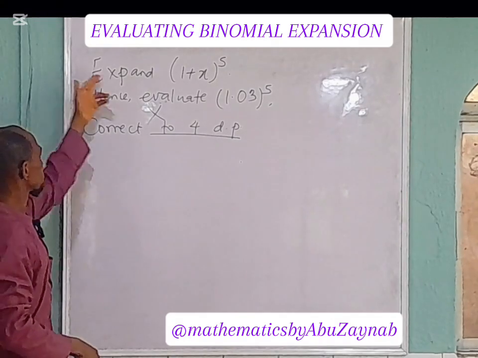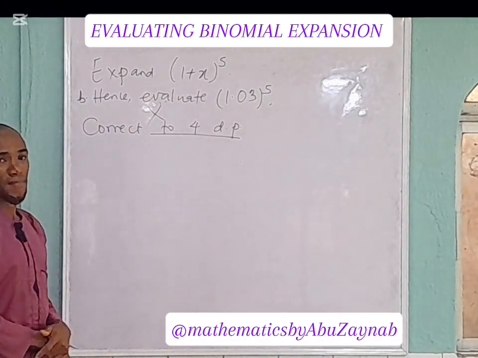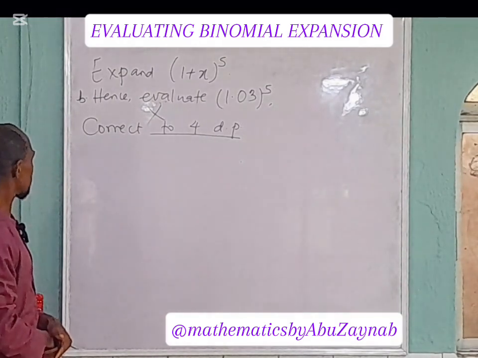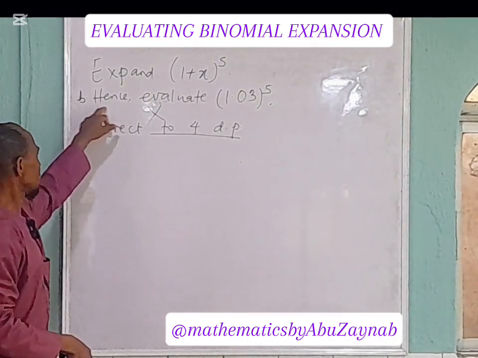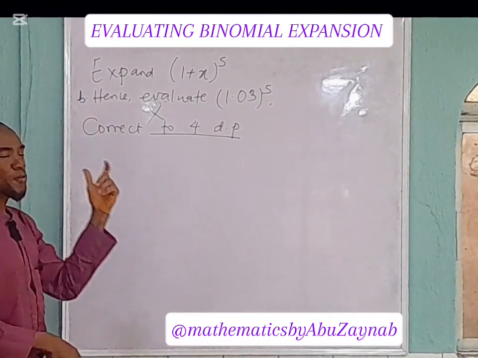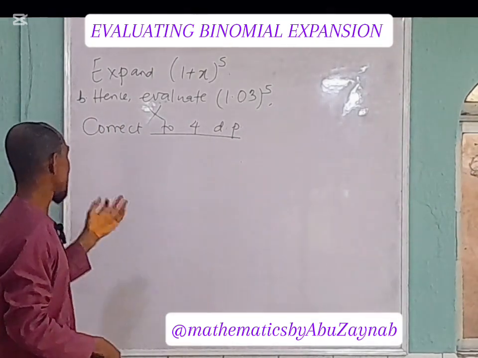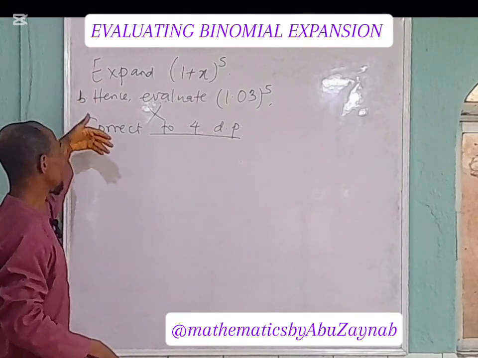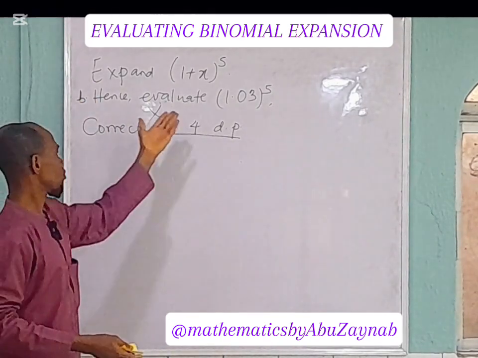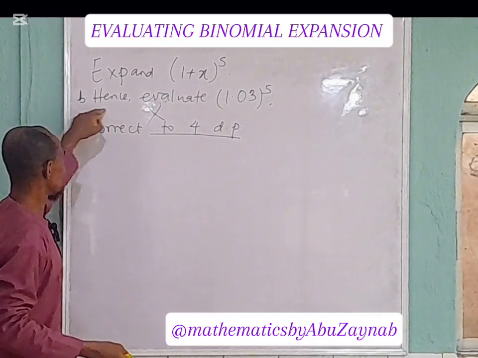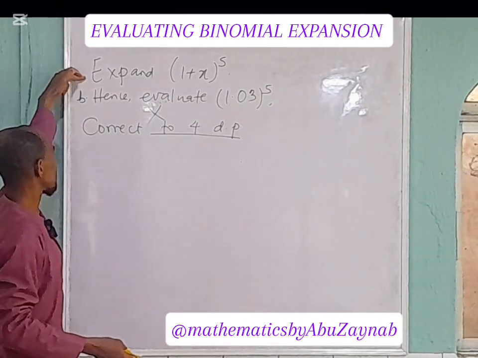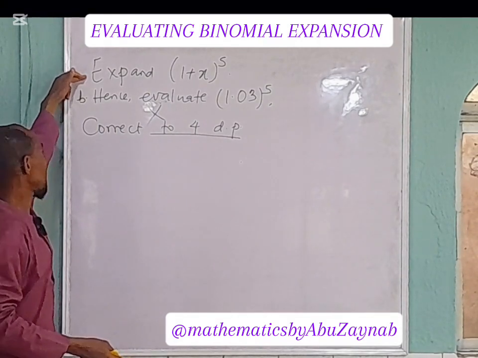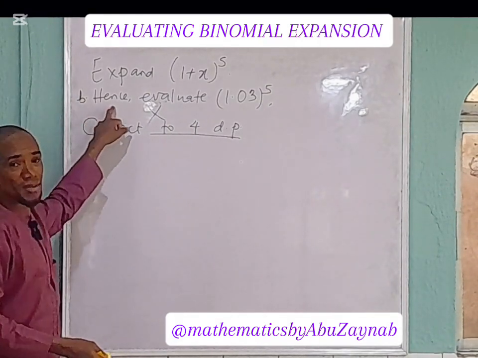The part A is to expand (1 + x) to the power of 5. But more importantly, part B, I'm going to emphasize 2 things here. The word hence is often used in questions like this. They are asked to solve a question and B now says hence evaluate. The fact that the word hence is used there necessarily means that you must use the answer gotten in the previous step to solve this particular problem.